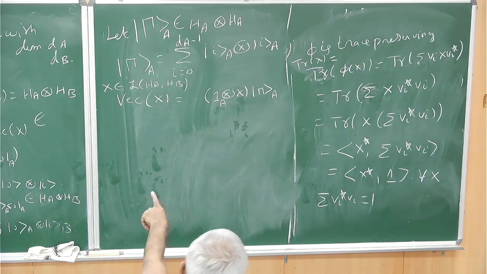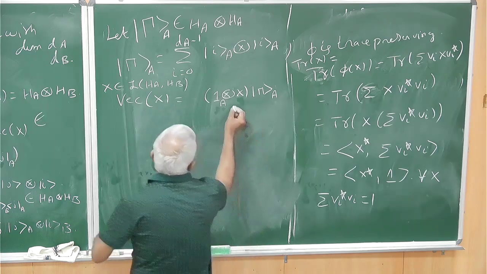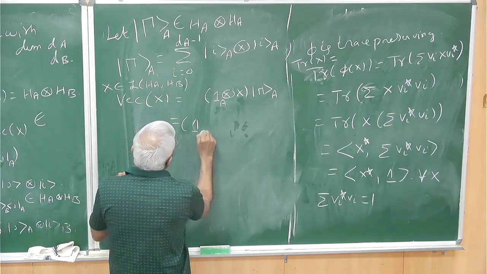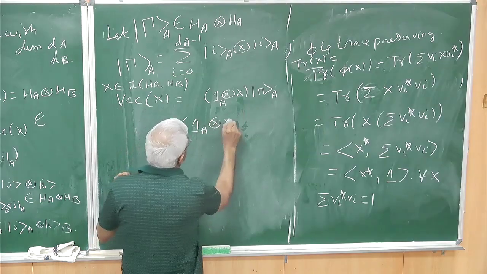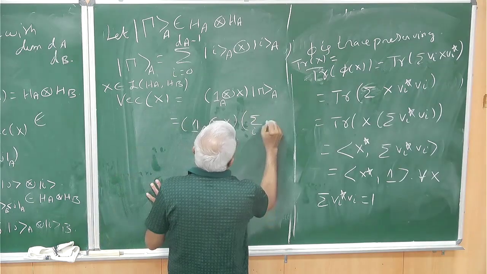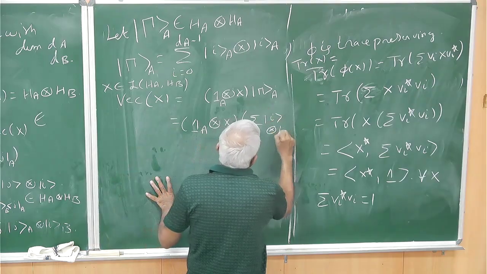So you can write, from a matrix, an operator from HA to HB, that as a vector in HA tensor HB using this. You just have to write it, right? So this is just 1A tensor X applied to gamma, which is the summation over i of |i> tensor |i>.